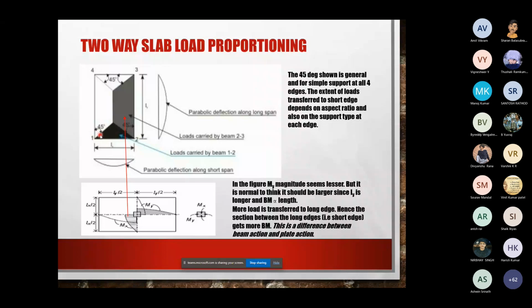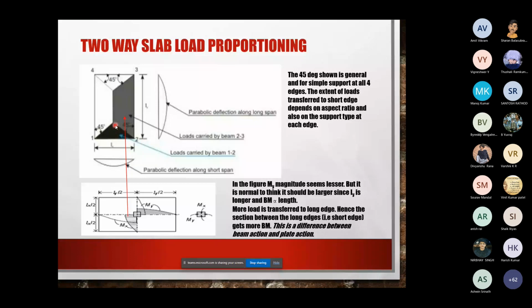In which case does the short edge have more load? In the rectangle, in which case does it have a larger proportion of the load? In the rectangle or in the square? When is the proportion of load on the short edge more? For a square or for a rectangle of aspect ratio 2?